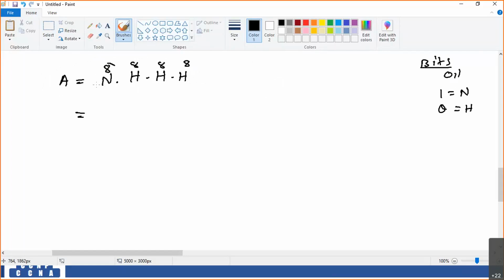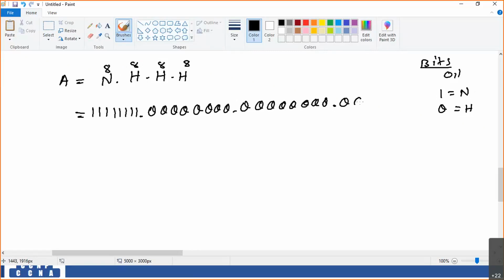Network indicates ones, so 8 ones. Host indicates zeros: 8 zeros in the second octet, 8 zeros in the third octet, 8 zeros in the fourth octet.